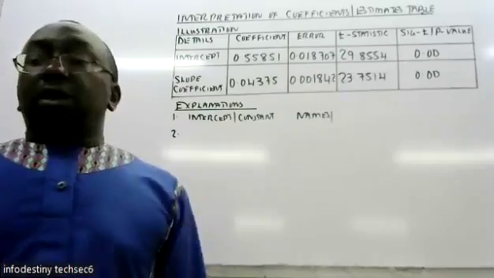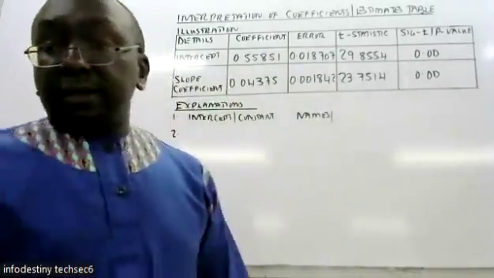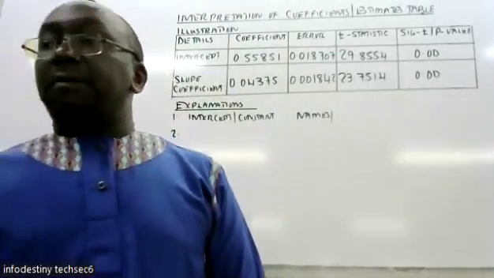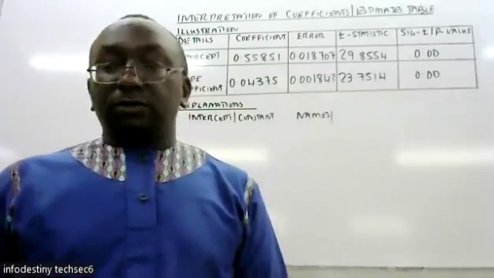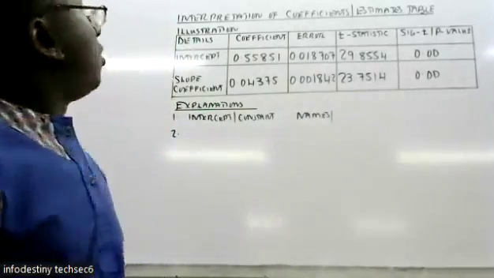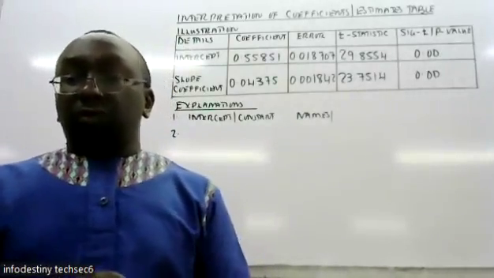Still on the same point, the column for the coefficients contains... oh, you're writing again. Sorry, I'm repeating for Yusuf. Yusuf, I'm saying the column for the coefficients contains solutions for the equation.